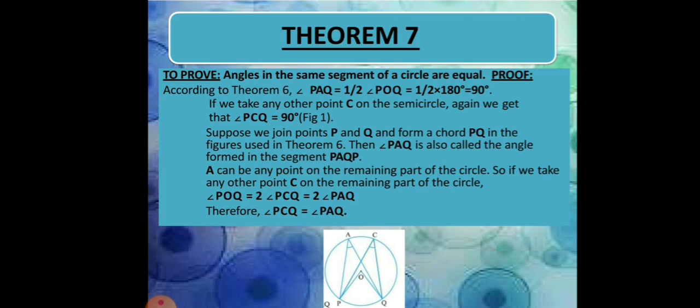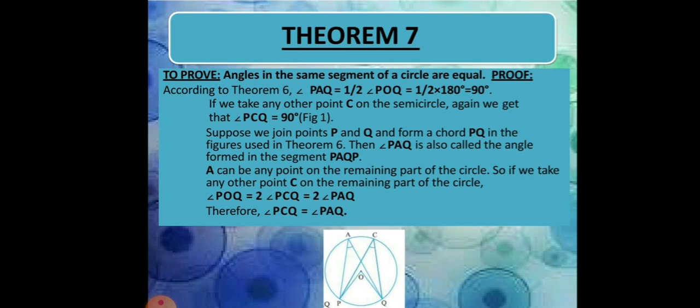Theorem 7. We have to prove that the angles in the same segment of the circle are equal. So let's start the proof. According to theorem 6, angle PAQ is half of angle BOQ. So if angle BOQ is 180, then angle PAQ is equal to 90 degrees.